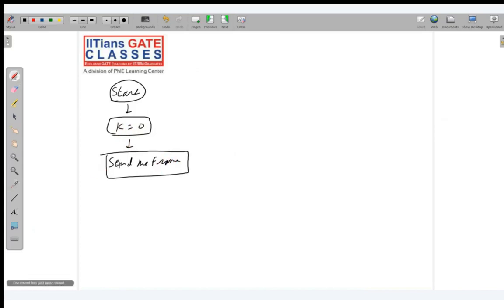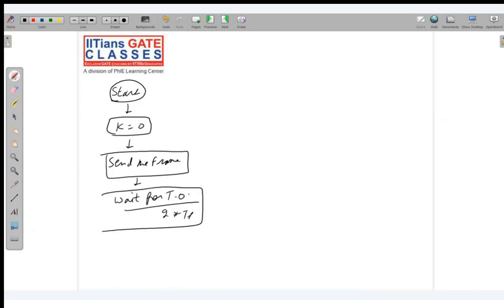Okay, then wait for timeout. After sending the frame, what will you do? Wait for timeout. This timeout is generally 2 into TP. Now, ACK arrived or ACK received will be in a diamond box, because in a flowchart you have studied that a decision is shown by a diamond box.